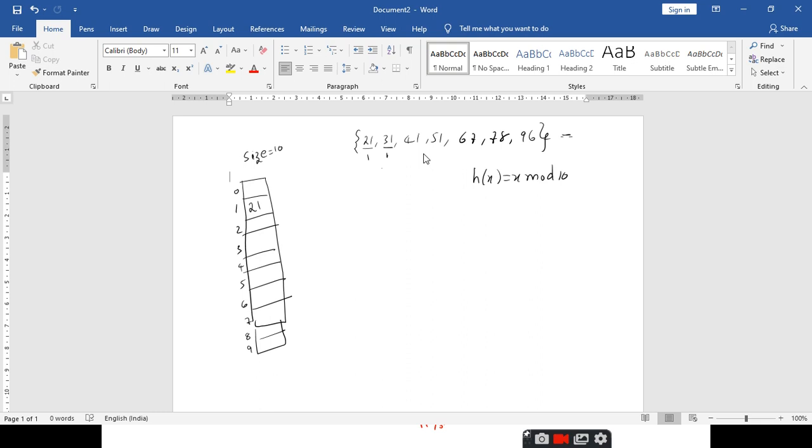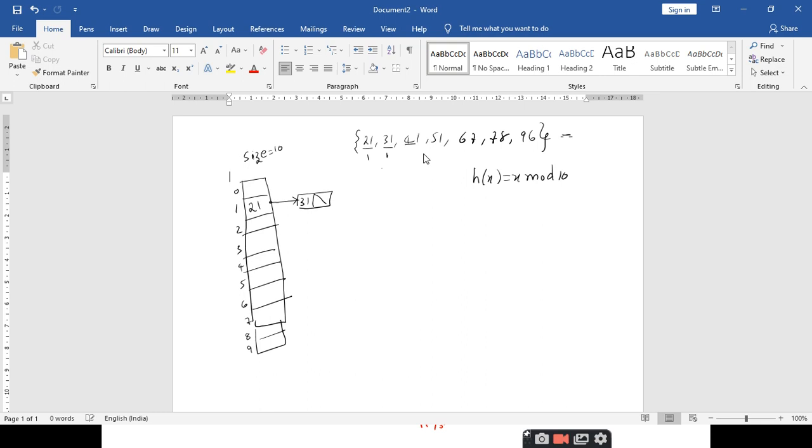This is a separate chaining where you have to implement separate chains, or you have to implement the linked list concept. You have to form a link, you have to form a chain. That means you have to use the concept of linked list. So I create a node for 31, and I link this 21 with this 31. So this is the null part.